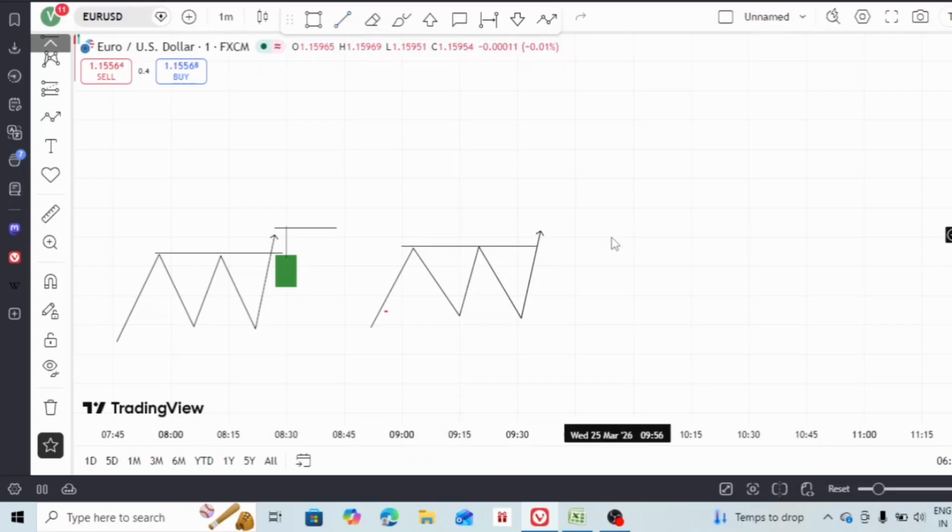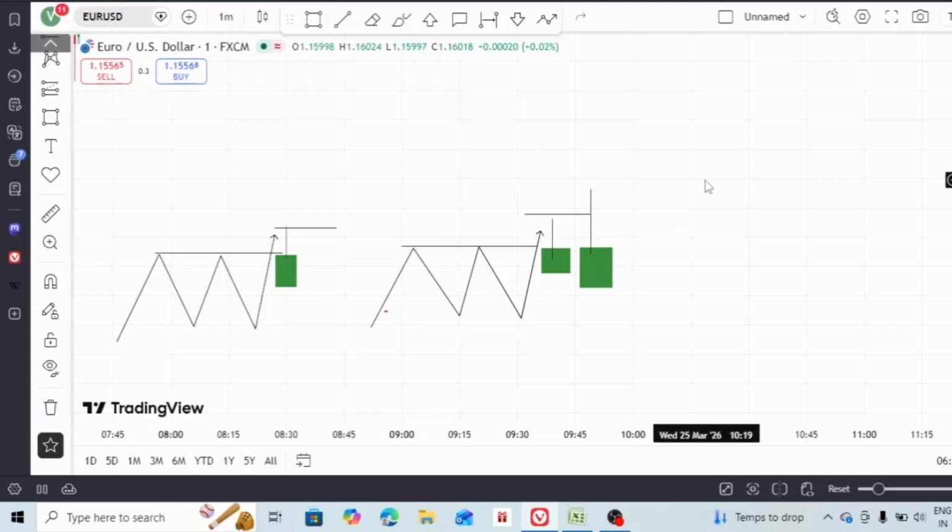So this is the high level. So this breaks with the wick, okay, and then another candle here has also just broken with the wick, okay, broke with the wick.